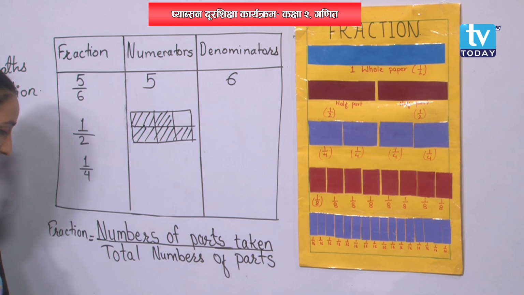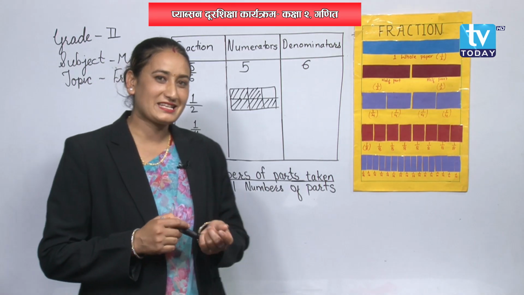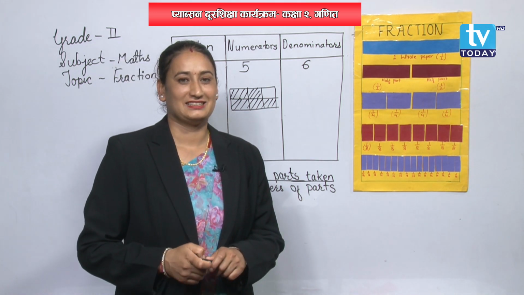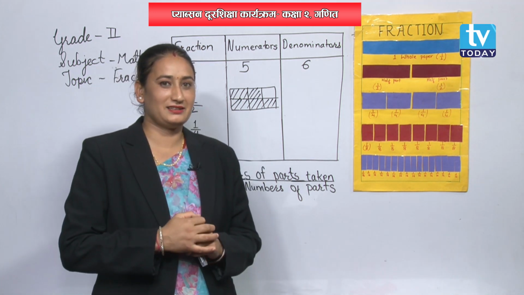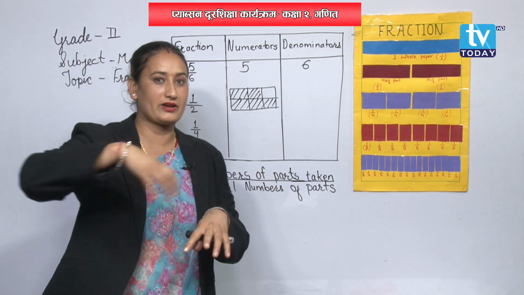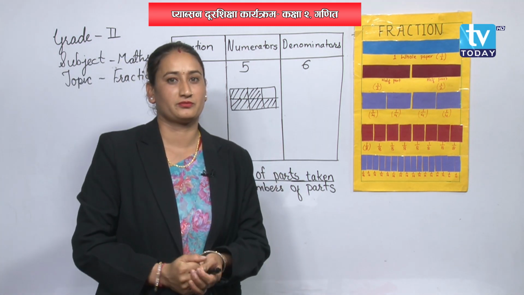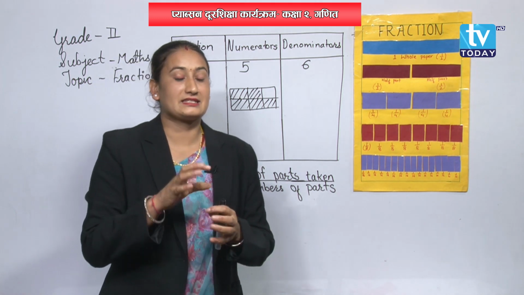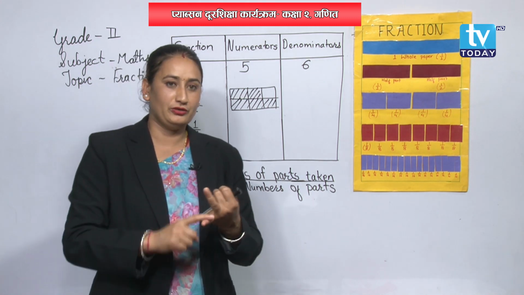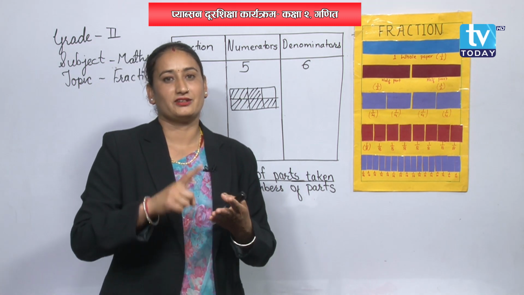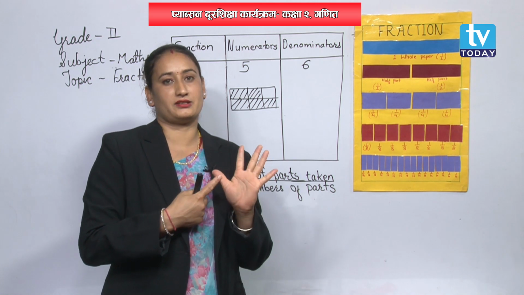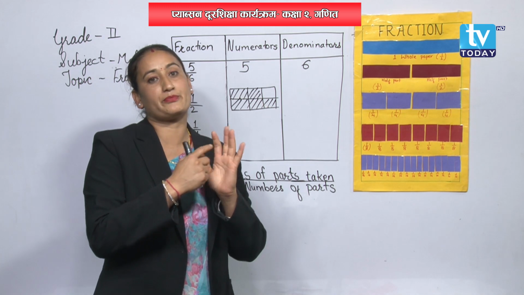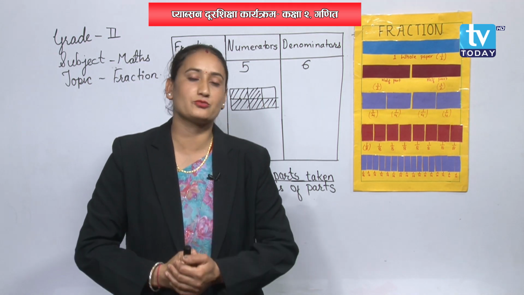Or you can say it like this. Do you love pizza or not? Wow, pizza is so tasty, right? Now students, if I cut one round pizza into 6 parts, and you, your father, your mother, your sister and your brother, 5 family members, each took one piece, then how many pieces will be left?